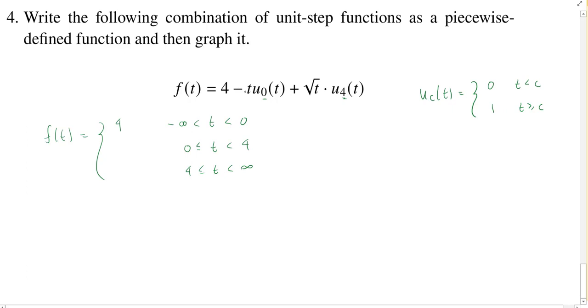Because you're multiplying minus t by this 1. So it was at 4, but now we're going to go down by t. And what happens when we get to u_4? Well, it goes up by the square root of t. So we had 4 minus t, now it'll be 4 minus t plus the square root of t. All right, so we've written this as a piecewise defined function.